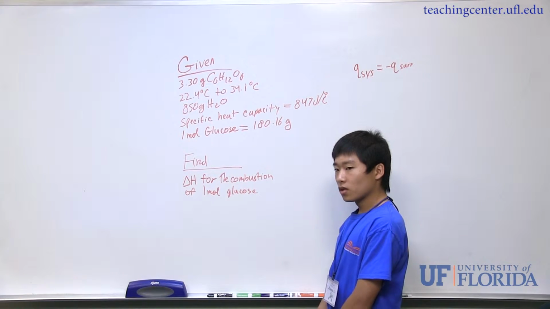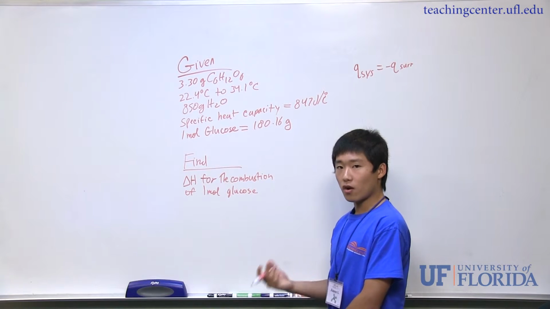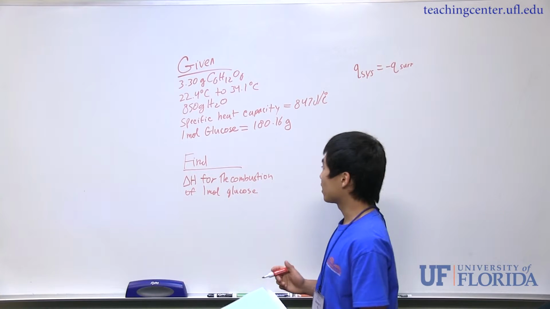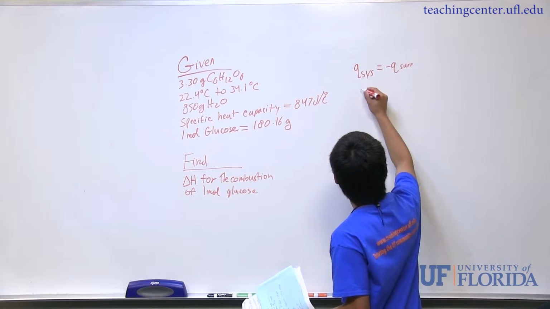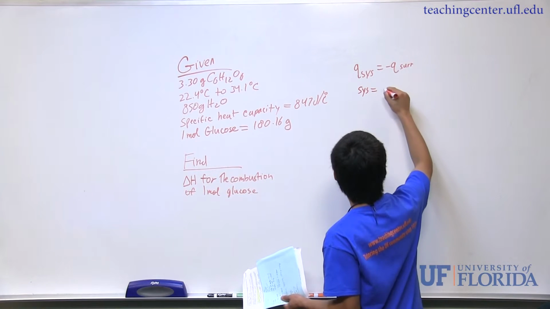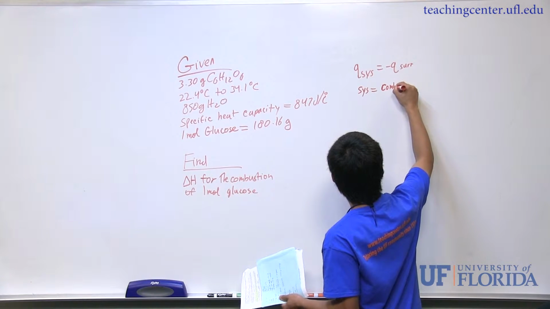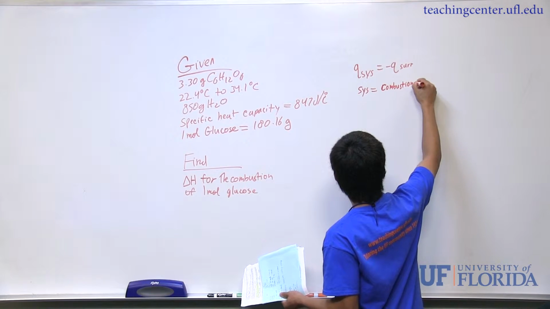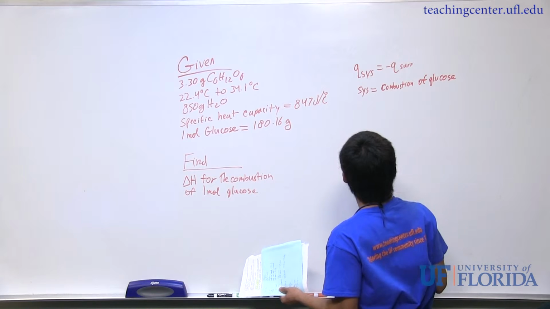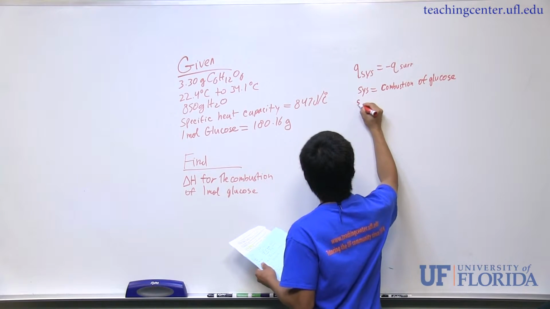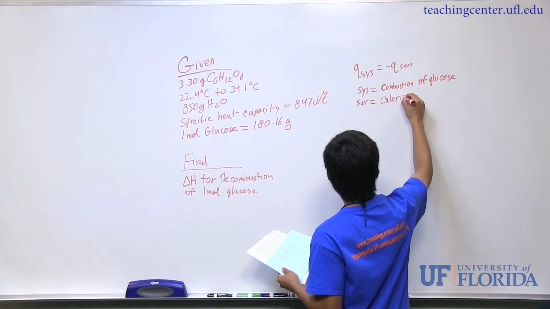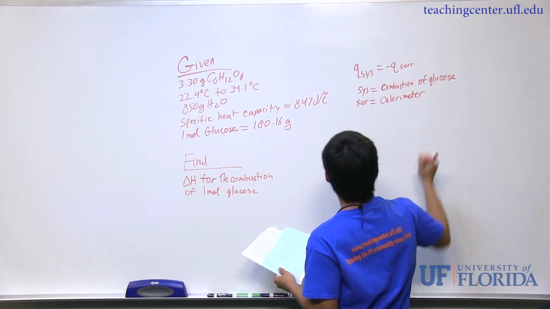If you guys remember, the surroundings is the outside environment, and the system is what we want to focus on. So in this case, the system is the combustion reaction of the glucose, or you can just say reaction. And then we know that our surroundings equals the calorimeter, or the bomb calorimeter.